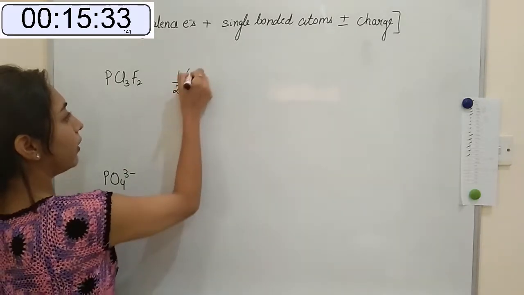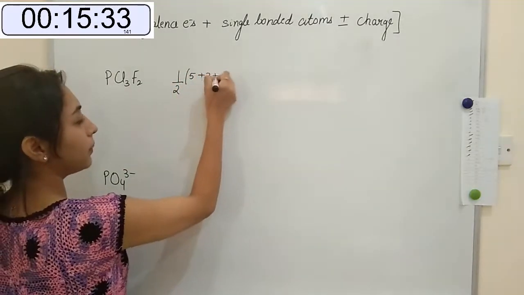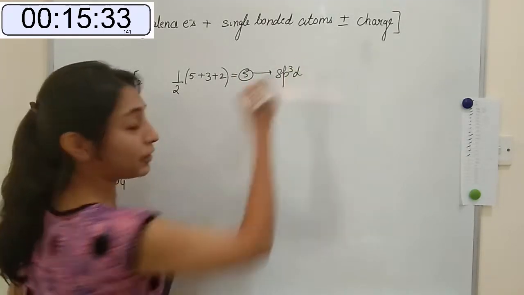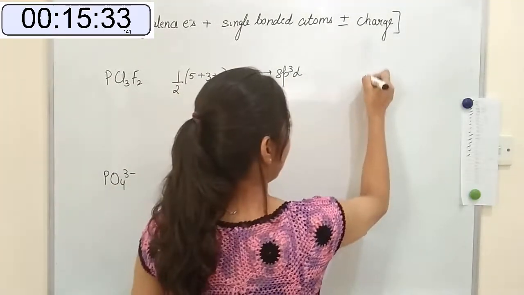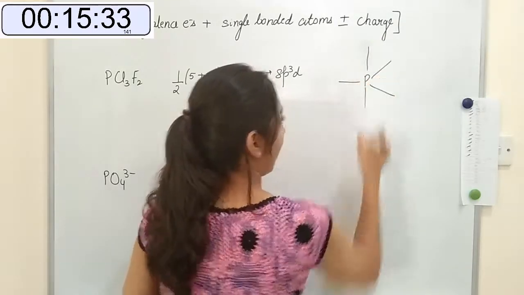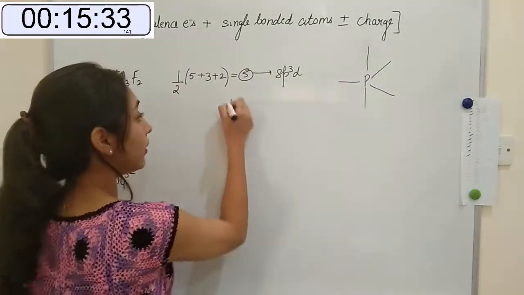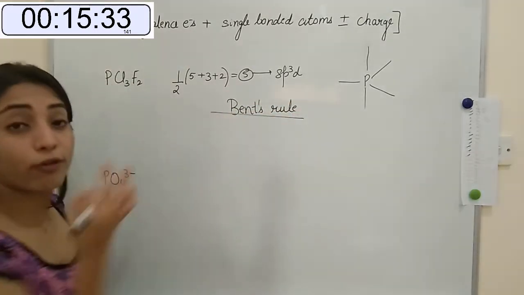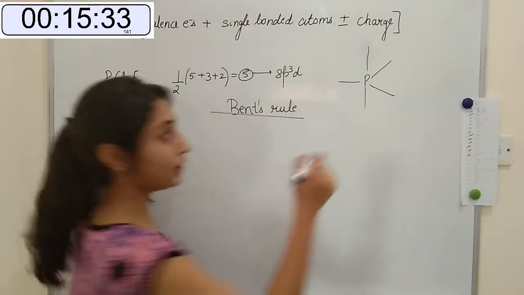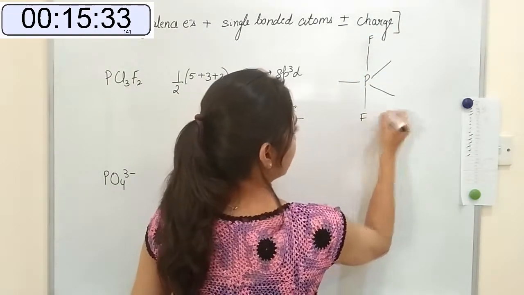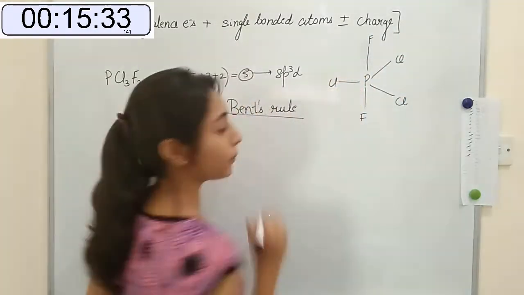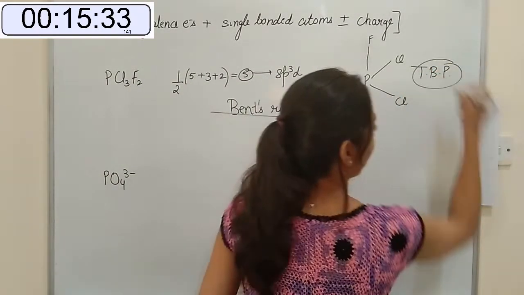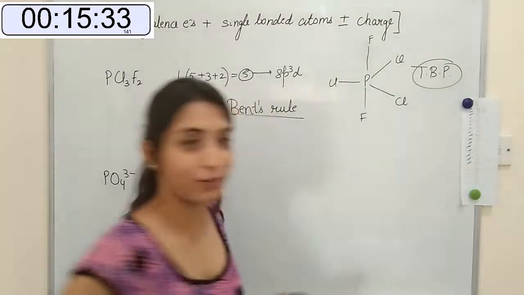Half of 5 plus 3 plus 2, which is 5. 5 again means it is sp3d, so it should be trigonal bipyramidal. But you have to remember Bent's rule again: fluorine is electronegative and 2 fluorines are there. So make them sit here and the 3 chlorines will come here. Once again, the shape is trigonal bipyramidal.